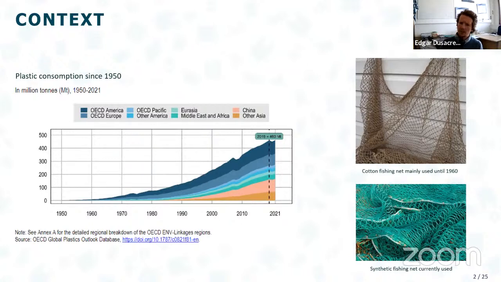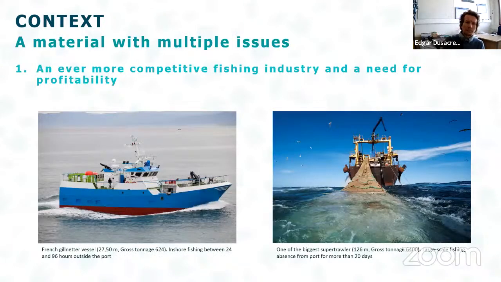Currently, most of them are made of synthetic material, so plastic, different polymers, as we will see after. But this plastic material is a material with multiple issues. First, for fishing activity, we have to understand that this is a really competitive industry and activity, and fishermen have a need for profitability.